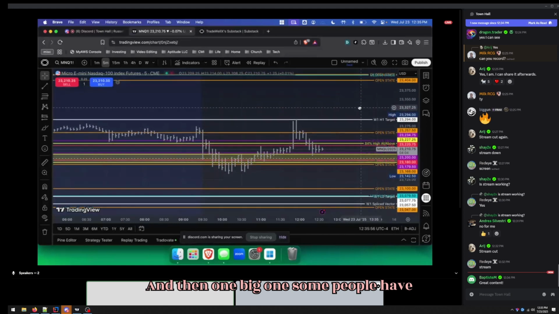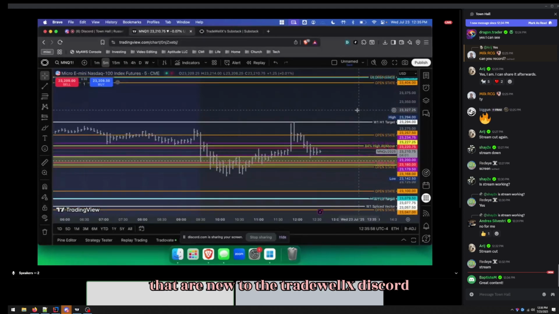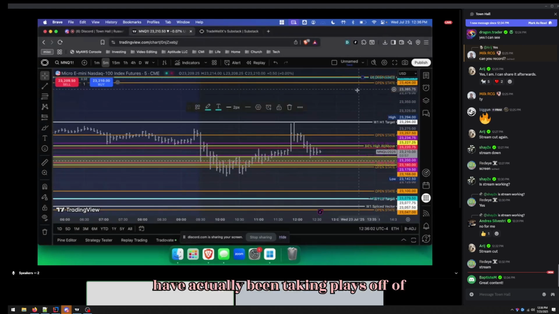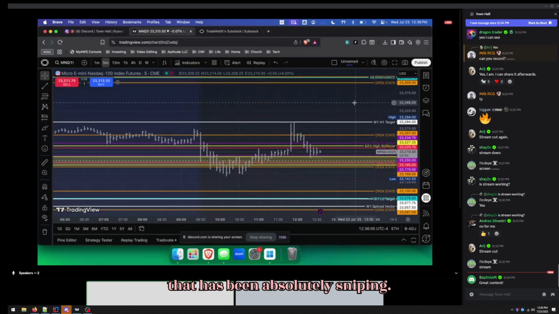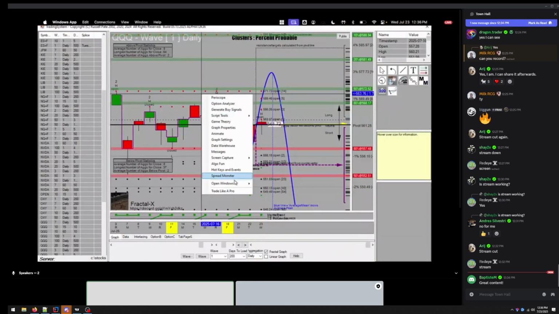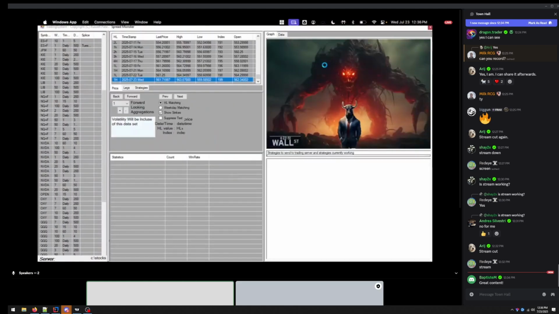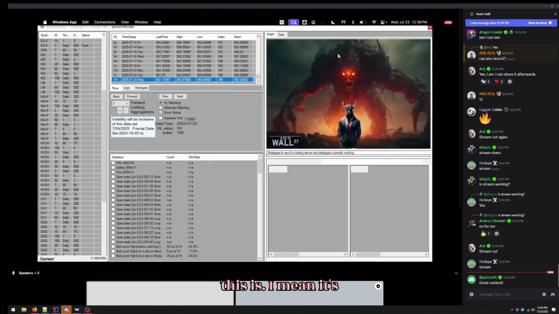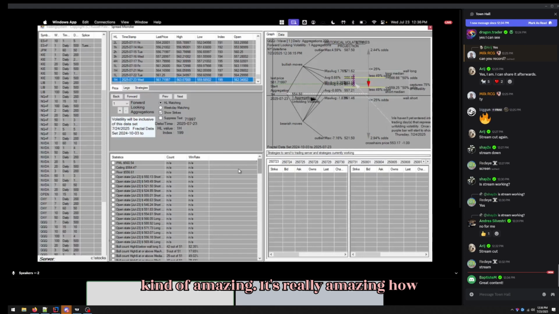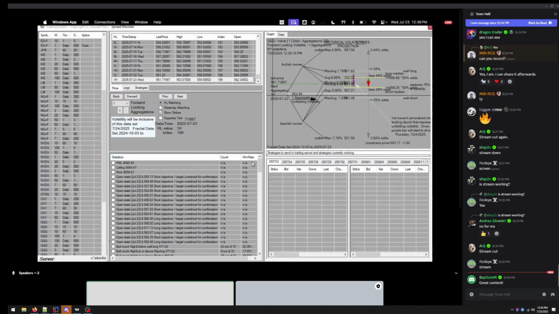And then one big one: some people that are new to the Tradewell X Discord have actually been taking plays off of the median range in the last week because that has been absolutely sniping. If you go to the Spread Monster, it's really amazing how in front of you the data is.